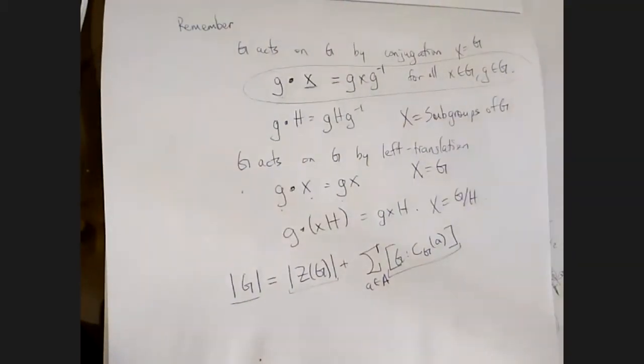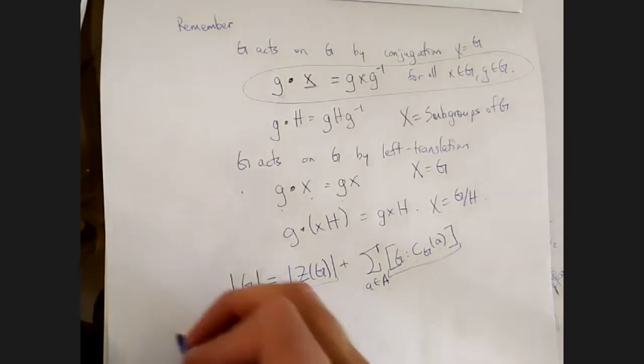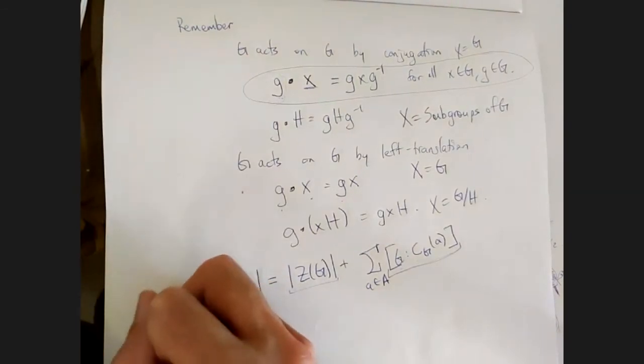Okay, so what we want to talk about now is a special type of finite group called a P group. Okay, so we have a definition.